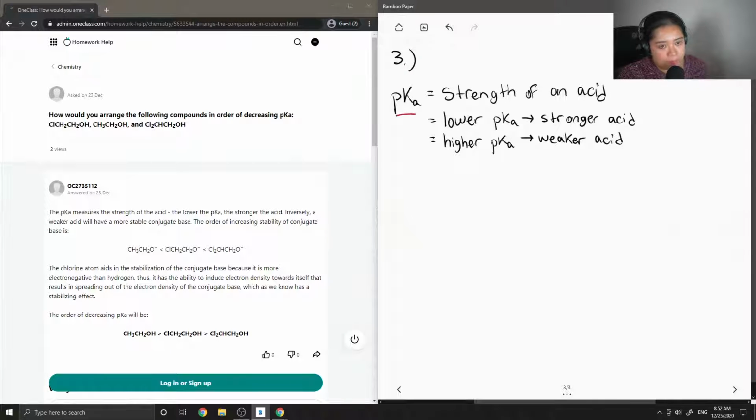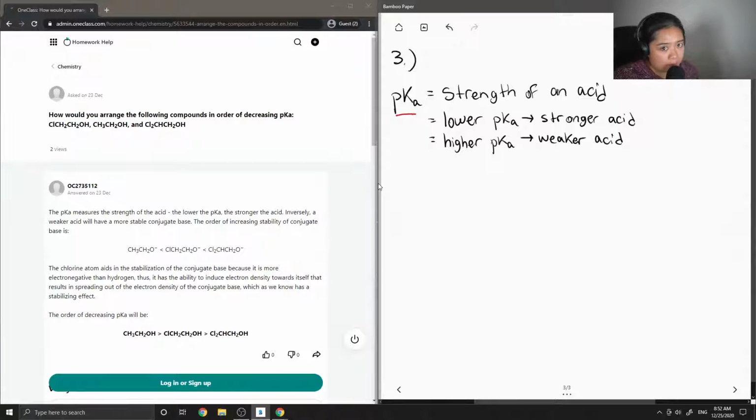When you have a strong acid, this means that the acid can readily dissociate into its ions and remain in ions in solution. But when you have a weak acid, then the acid only partially dissociates into its ions.